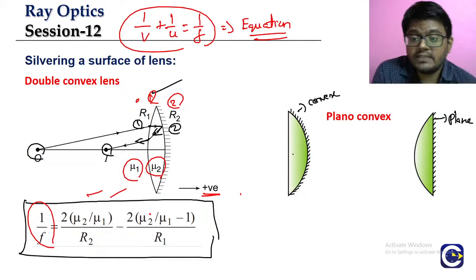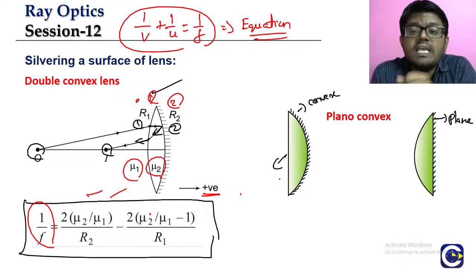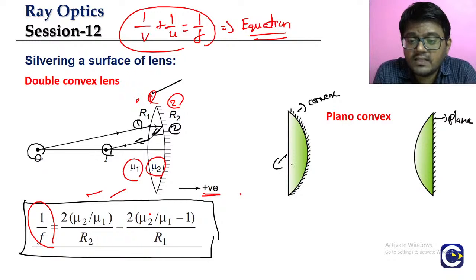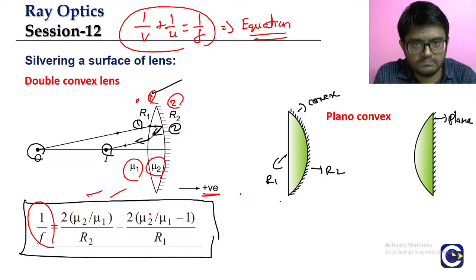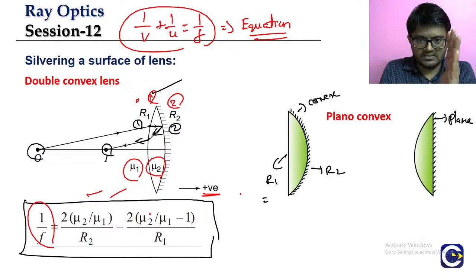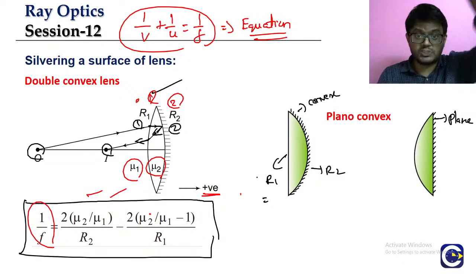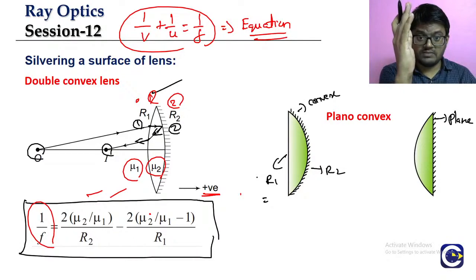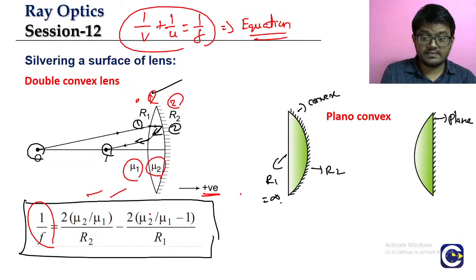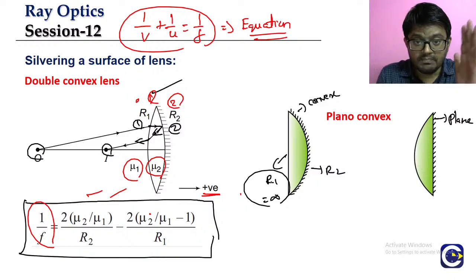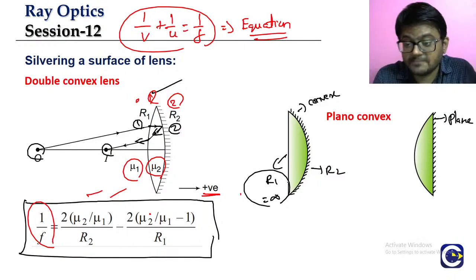What you will have to do, look at this. If you want to use the equation here, then this is R1, right? This is R2, correct? So R1 for a planar surface, what is the radius of curvature? If you want to think about a sphere which will have this planar surface, what will be the radius? Infinity. Planar surface means R will be infinity.